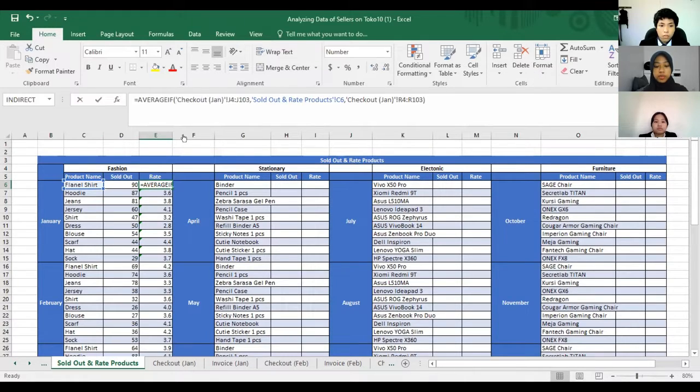The range refers to the checkout January worksheet from the product name column, and the criteria refers to C6, which is product name, and the average range refers to the checkout January 2 from the red column, as well as the tables for other months still use the same methods and formula.